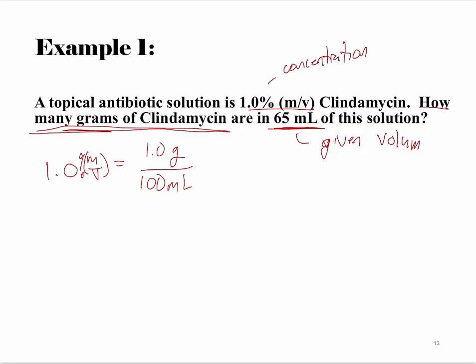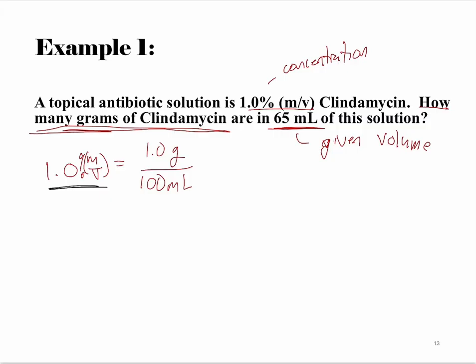Right. What would we multiply this value of concentration? So this is where per 100 milliliters comes in, because this is defined as 1 gram per 100 milliliters is how we write the units for a percent to volume solution. So what would we multiply that by to get just units of grams?